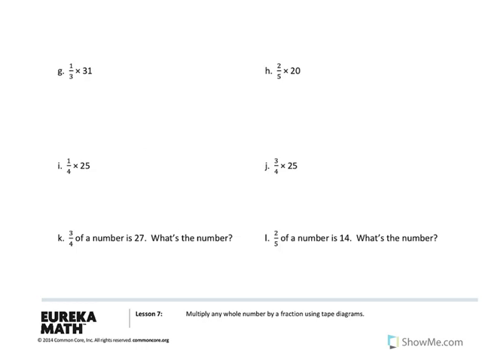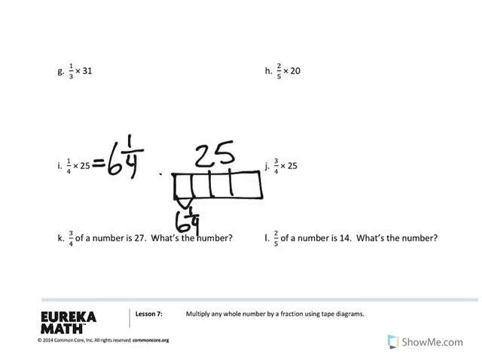Okay, let's go ahead and look at J. J is 3/4 times 25. Well, I kind of already did that partially, so let me bring that back here. I already did 25, and I already broke it up into 4. Once I broke it up into 4s, I figured out that it was 6 and 1/4.